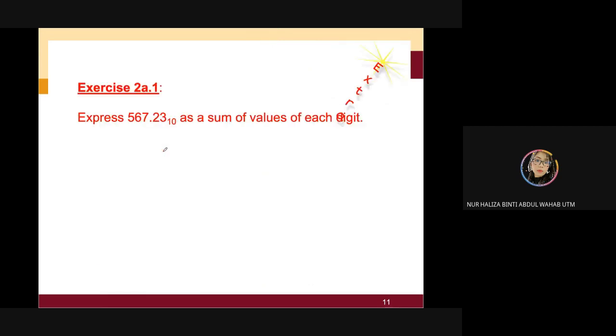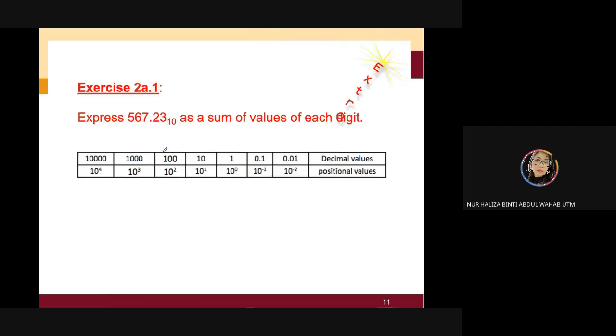Okay, for this exercise 2A.1, you need to express 567.23 in base 10. You need to express only how to express it. Similarly, you have 567.23.